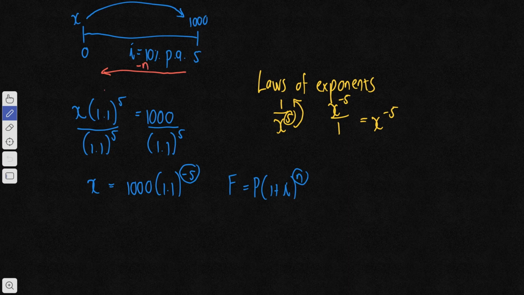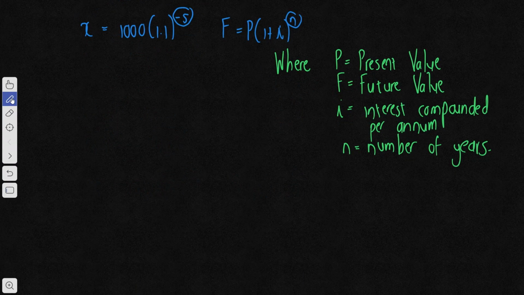On the contrary, when we move money forward in time, in other words, calculate future values, we use a positive exponent. So in general, we can write the present value as the future value times 1 plus i, which is the interest rate, to the negative n, where P represents the present value, F is equal to the future value, i is the interest rate compounded in this case per year, and n is the number of years.